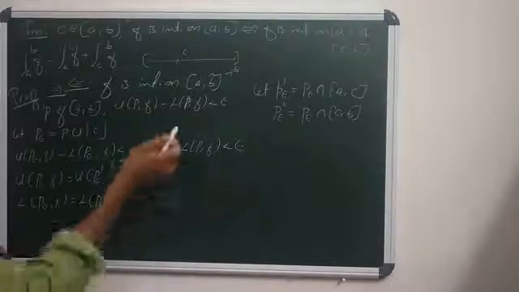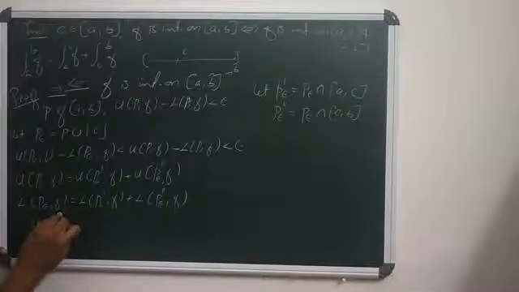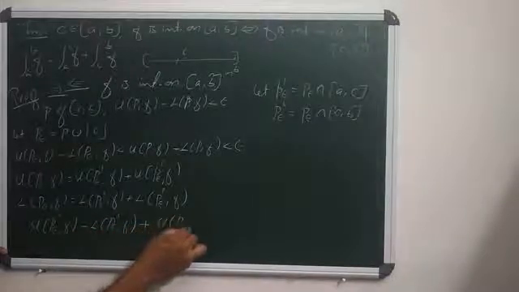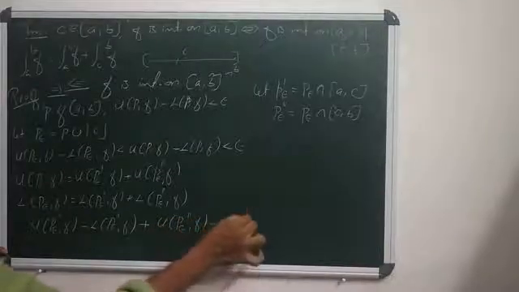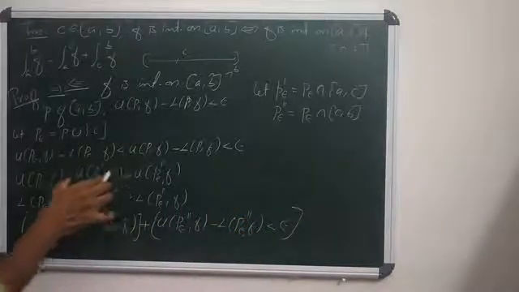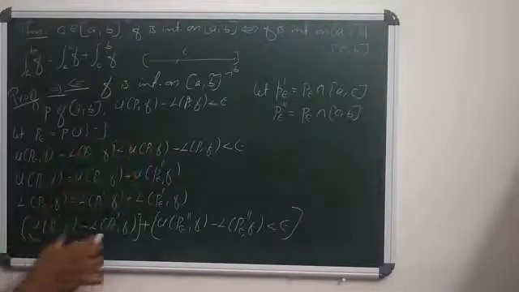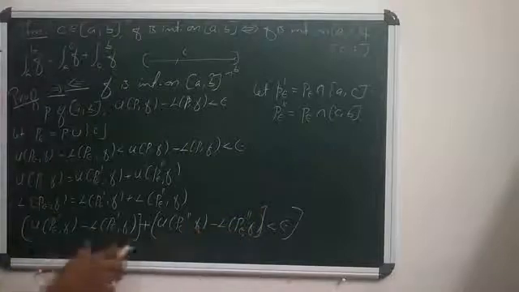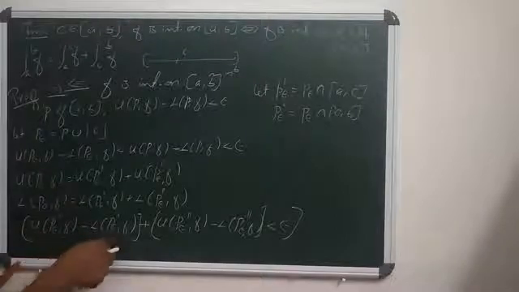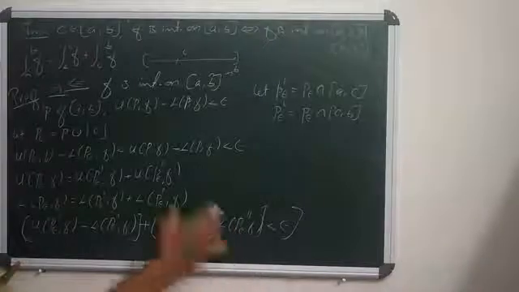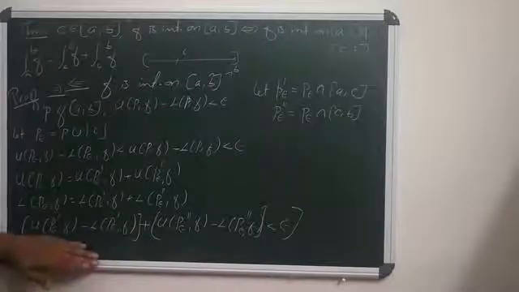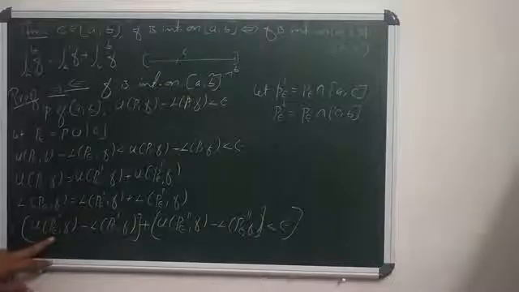Since both of these two brackets are non-negative, U(P epsilon dash,f) minus L(P epsilon dash,f) is strictly less than epsilon by 2. Sure, because both brackets are non-negative. That means f is integrable on this one.